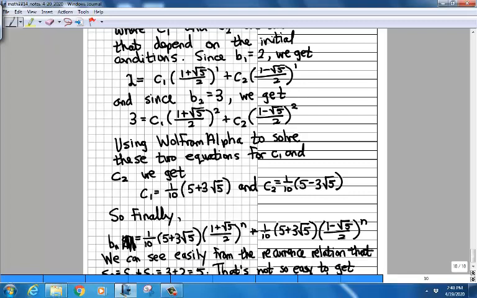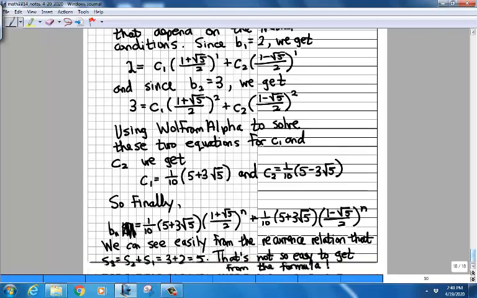But the original recurrence relation is much prettier, right? The non-recursive solution is really kind of ugly. Now, if you use the recurrence relation, you can see kind of easily that b sub 3 is b sub 2 plus b sub 1, and so that turns out to be 3 plus 2, which is 5.